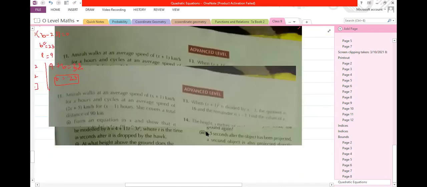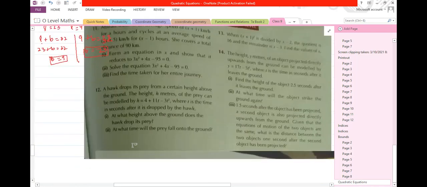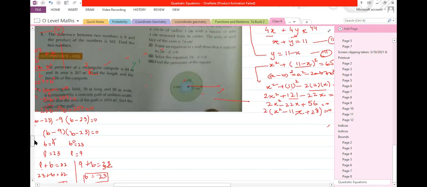Okay, this part is done. Now I will begin with x squared minus 11x plus 28 equals 0. Of course I will get two values, 7 and 4, which when multiplied give 28 by default.